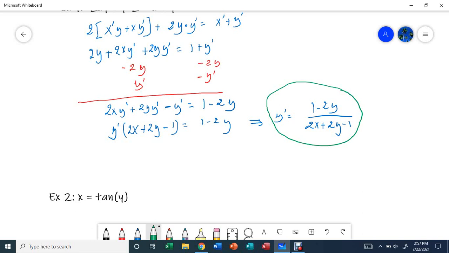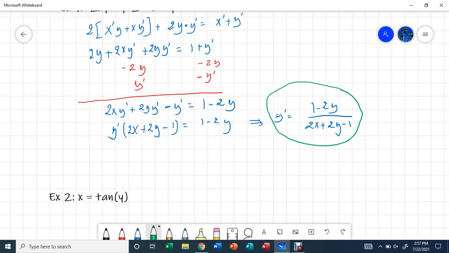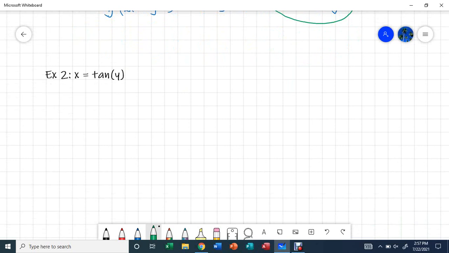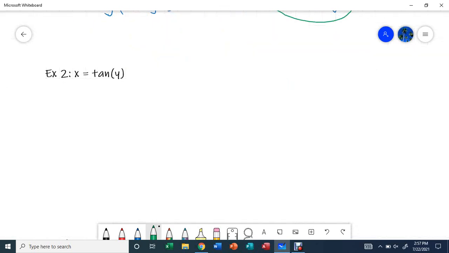So let's apply the same steps in example number 2, which is x equals tangent y. So first step, differentiate both sides. So x prime equals tangent of y prime.